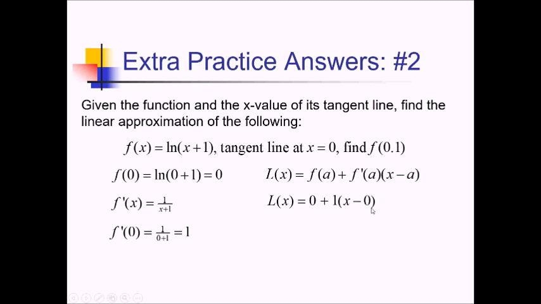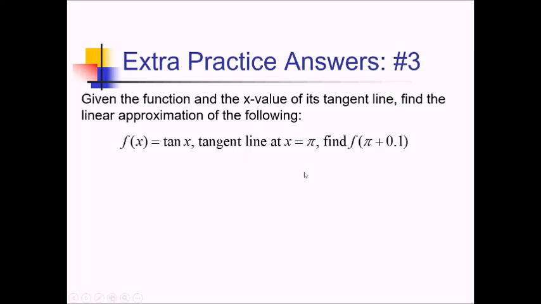And now we have to actually plug in 0.1. So I'm going to say f of 0.1 is approximately equal to all of this with 0.1 plugged in. So if you want to simplify that, this is just going to be 1 times 0.1, which is 0.1, plus 0. That doesn't change anything. So there's our final answer.